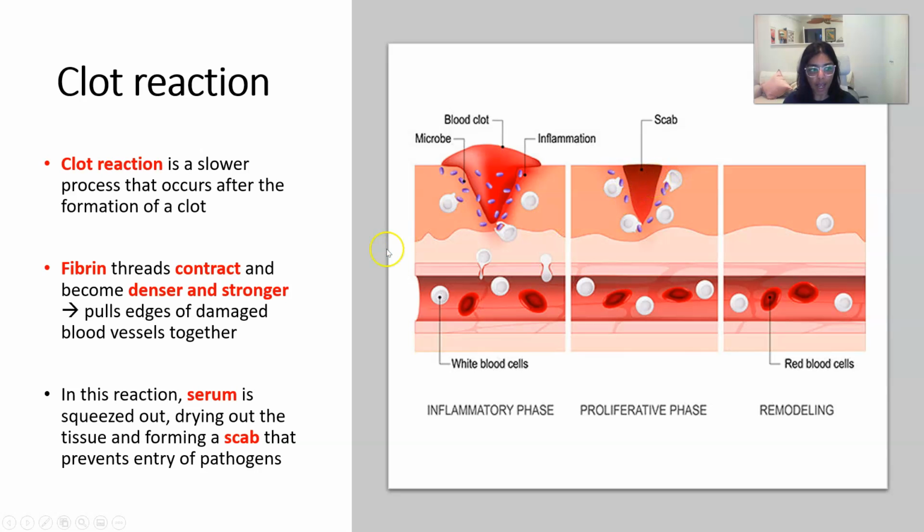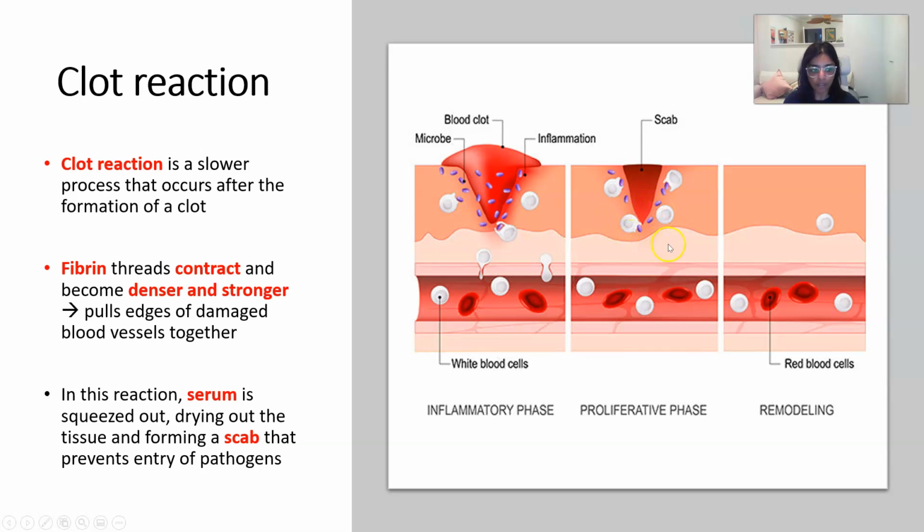Now, what's actually happening is those insoluble fibrin threads start to contract, and they become stronger and thicker or more dense, and the effect of that is it pulls the skin together and kind of knits it back together. While that's happening, some fluid leaves that clot site, and that fluid is called serum.